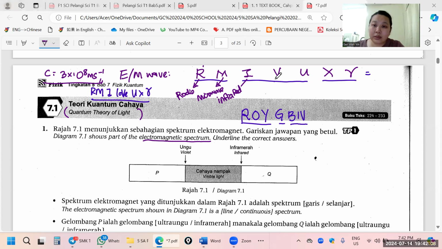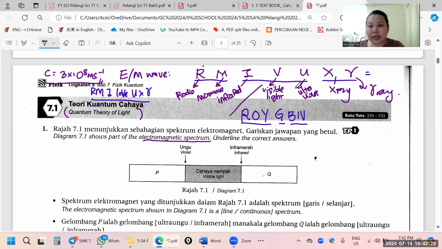Okay, so V means visible light. U means ultraviolet. X means X-ray. Gamma means gamma ray, right? Visible light, we normally say rainbow color. In Chinese, normally in primary school we already learn 7 colors: 红橙黄绿蓝靛紫.